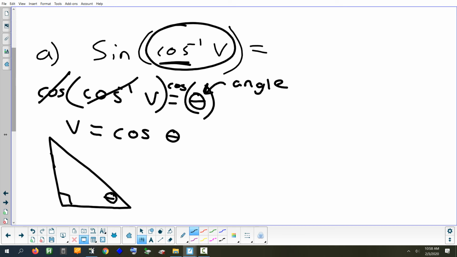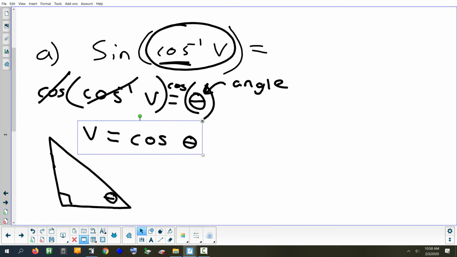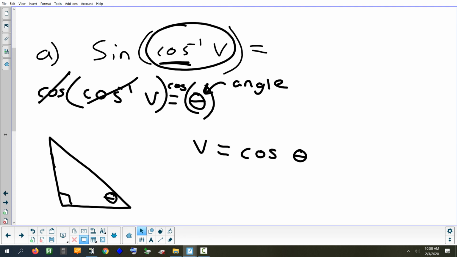Now, I'm just going to move this so I have a little more space. What did we say when I was reviewing with you guys? Cosine is equal to what over what? Jared? Adjacent over hypotenuse. This is equal to adjacent over hypotenuse.